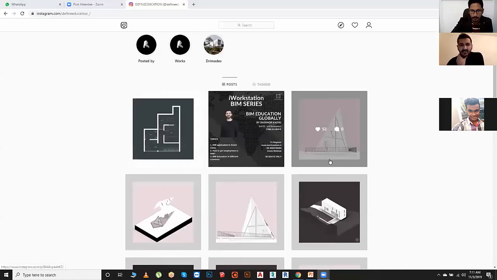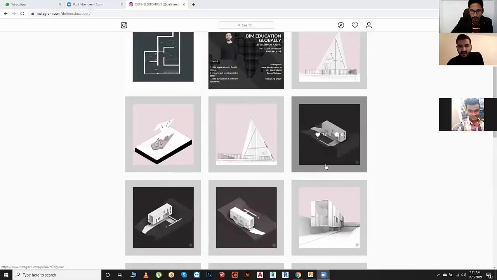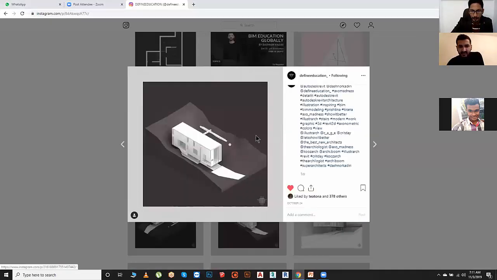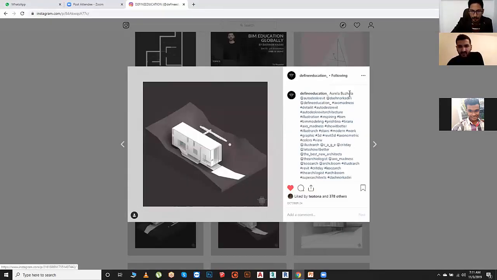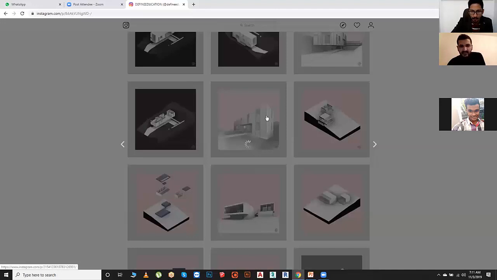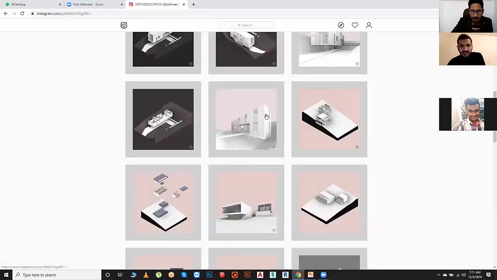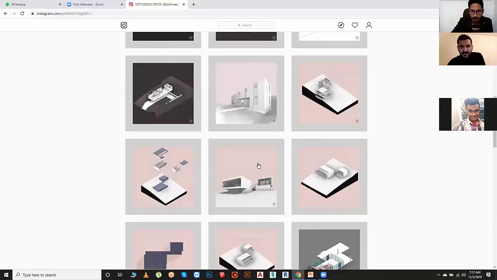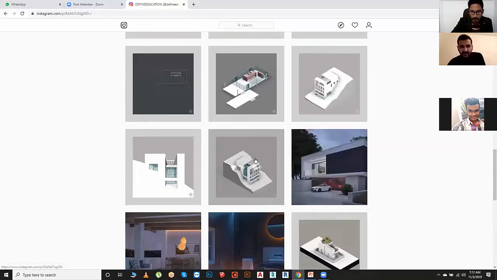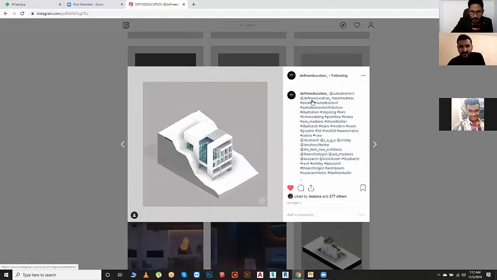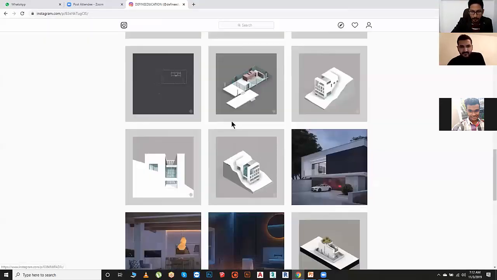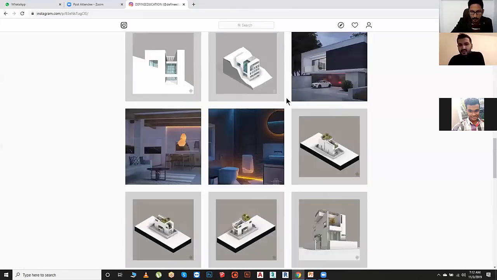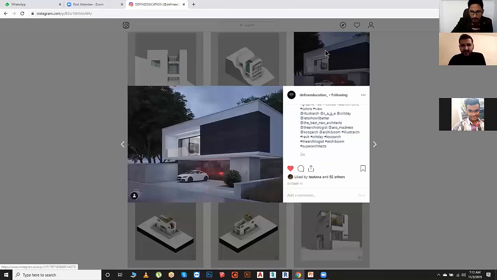This is my page on Instagram, and we have a lot of works that people or students are doing. For example, this is one of my students that did this model. Like this, maybe, again the same student because it's the same object, like 6 images. This is another beautiful house designed by another student. Also, we offer visualizations for different companies.